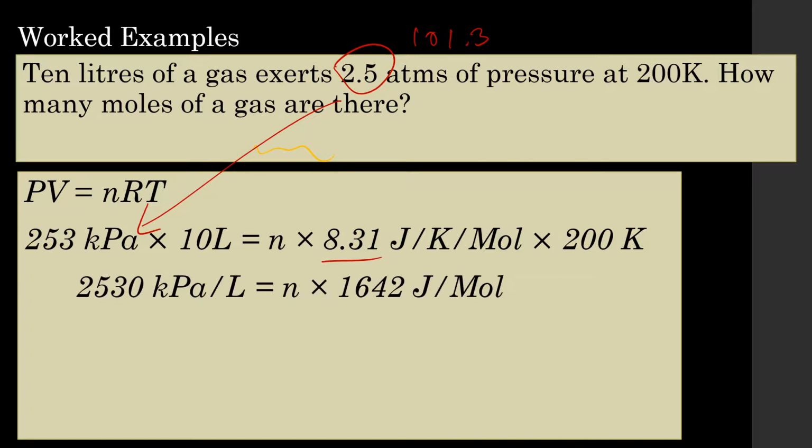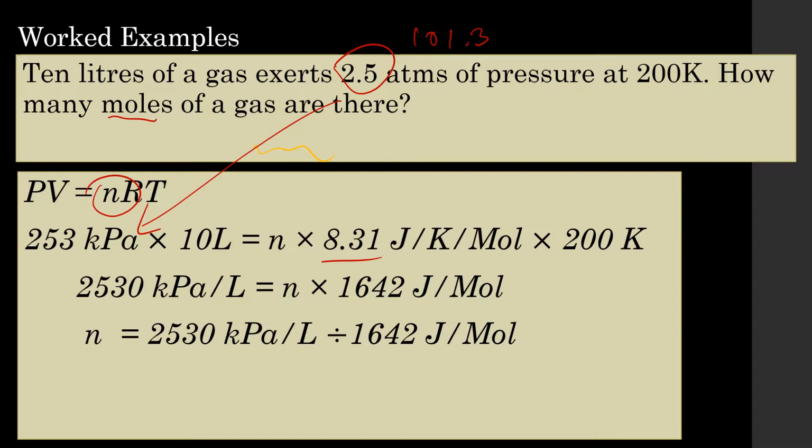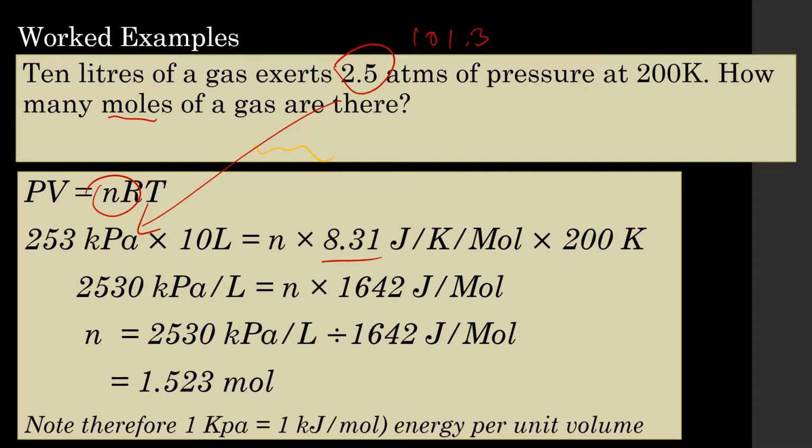So we can then just multiply through and solve for n, because we are asking for the number of moles. So the number of moles equals 2,530 kilopascal litres, divided by 1,642 joules per mole, and that's going to be 1.523 moles.